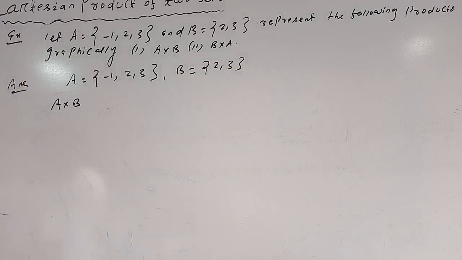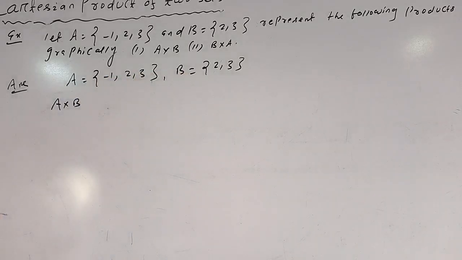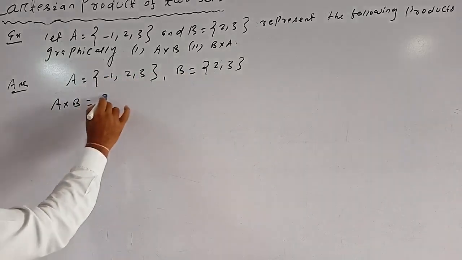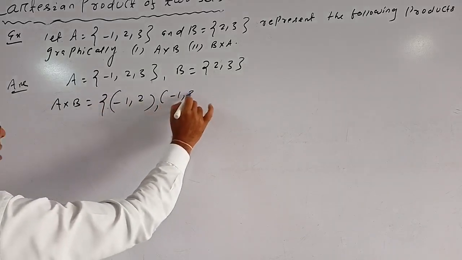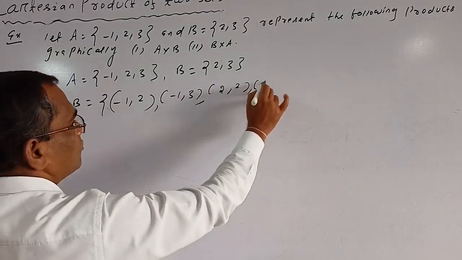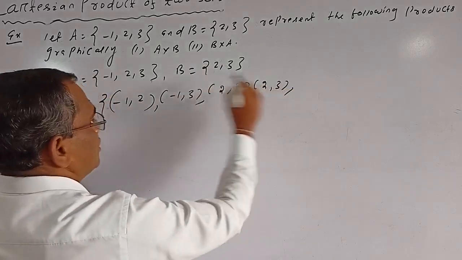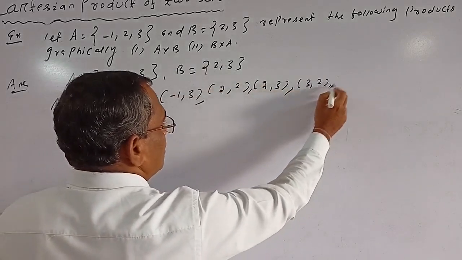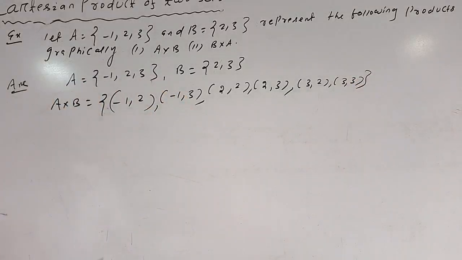The number of elements of A cross B is equal to the number of elements of A multiplied by the number of elements of B. Here 3 and 2, so 6 elements are there in A cross B. So A cross B is equal to {(-1, 2), (-1, 3), (2, 2), (2, 3), (3, 2) and (3, 3)}. Okay. But we represent it graphically.